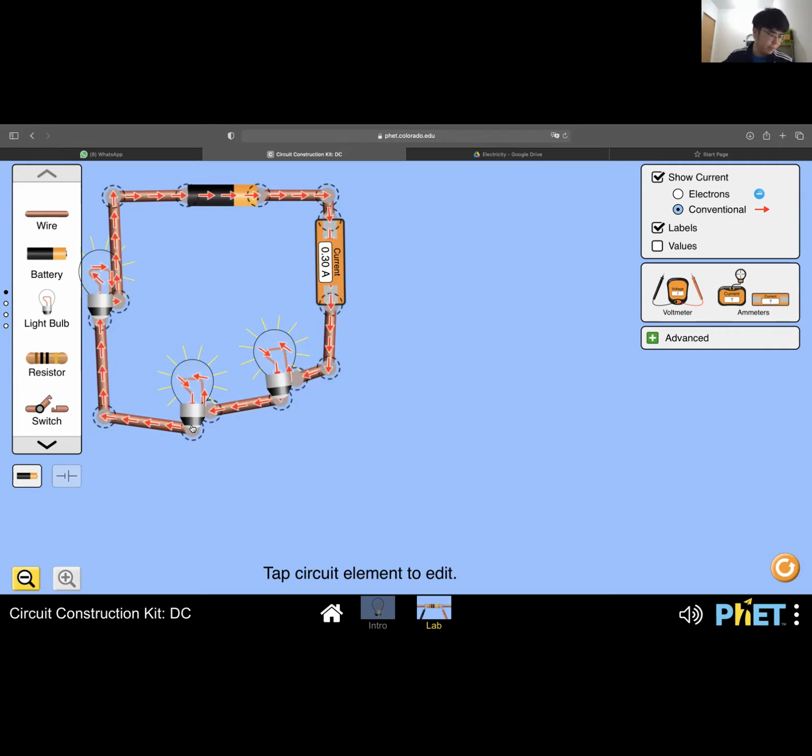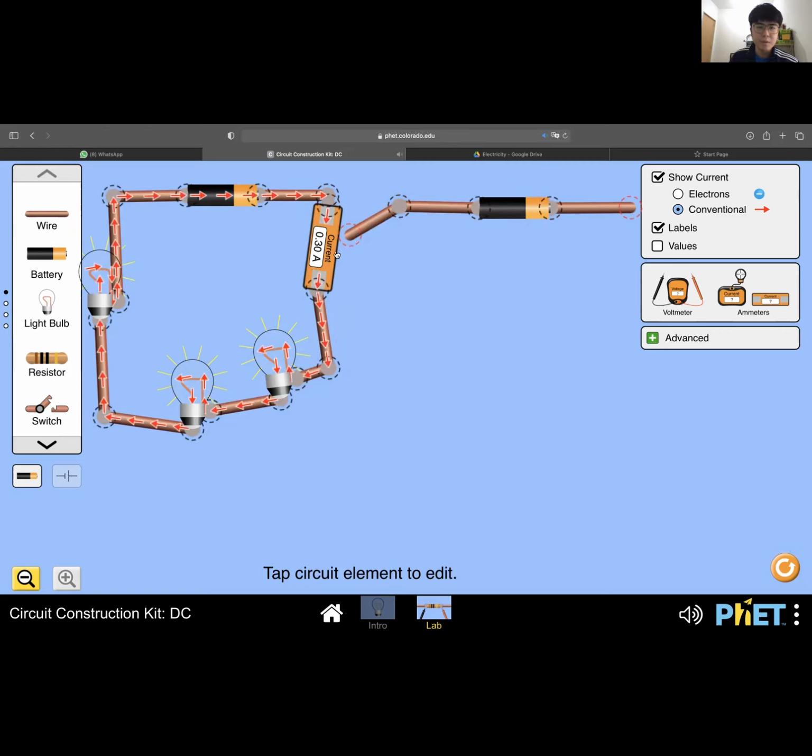Now we go to the parallel circuit. How do you connect a parallel circuit? We start with our power supply. I'm going to put the loads here and here, and let's put 3.